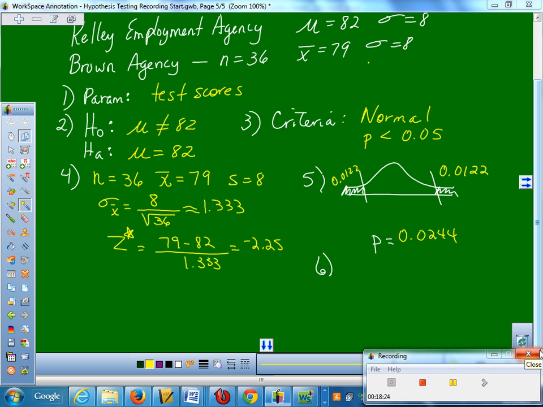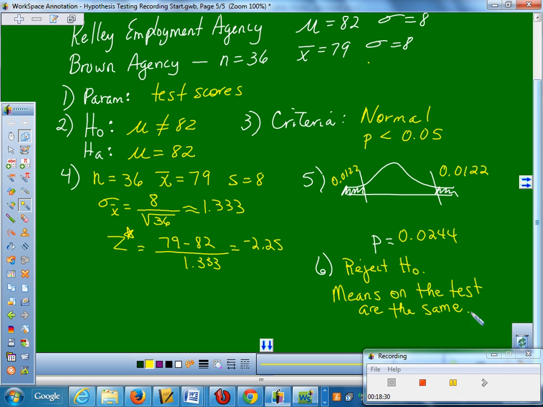So the good news is that we have gotten what we expected. We're going to reject the null hypothesis, which means we have proved our alternative to be true. In this case, the Brown agency wanted the means on the test to be the same, and they are. So taking one test is not going to be better than another test. You're going to get the same results. So the Kelly agency better watch out because now they have competition.